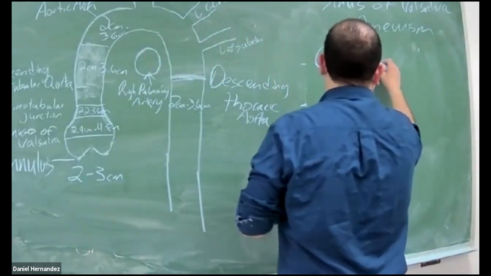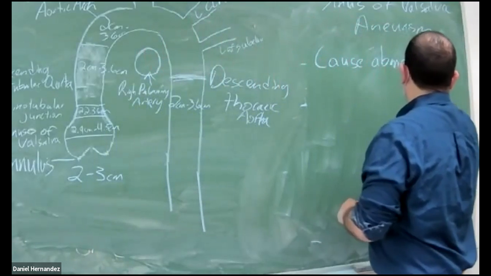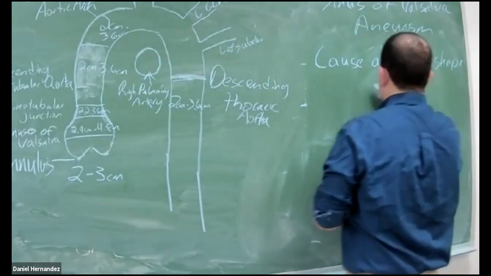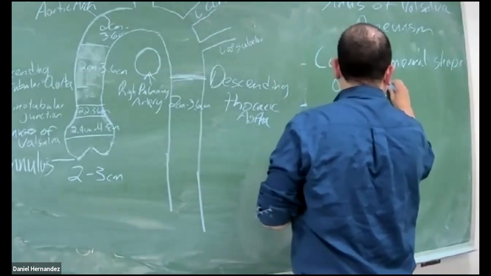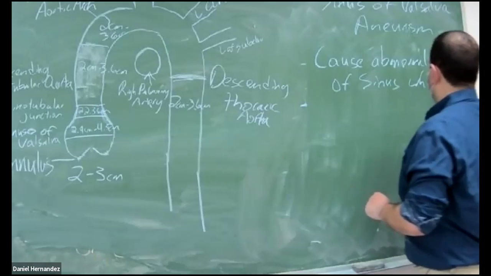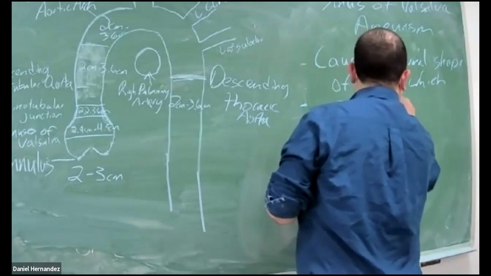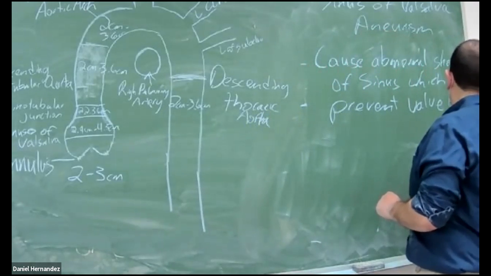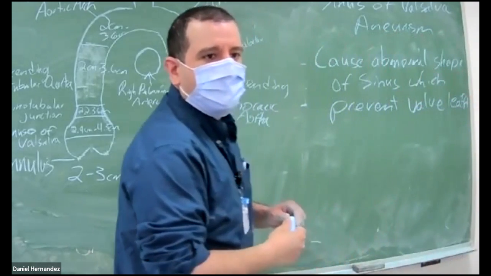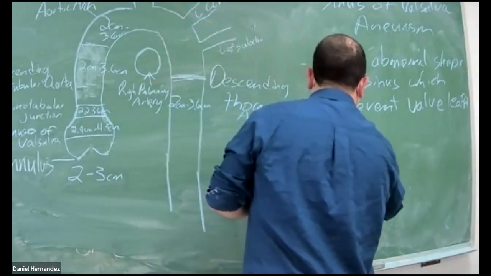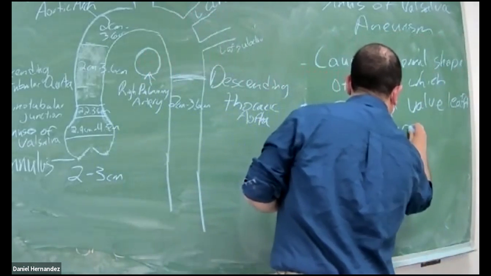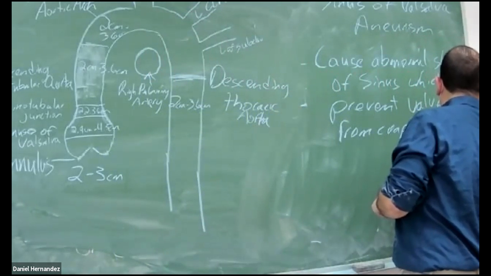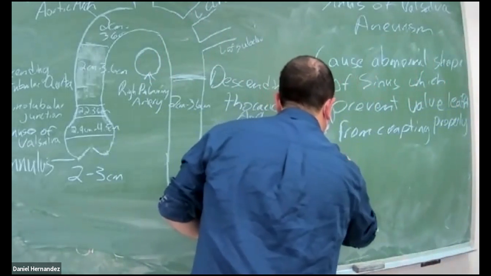It causes an abnormal shape of the sinus, which prevents the valve leaflets from overlapping properly, which leads to AI.